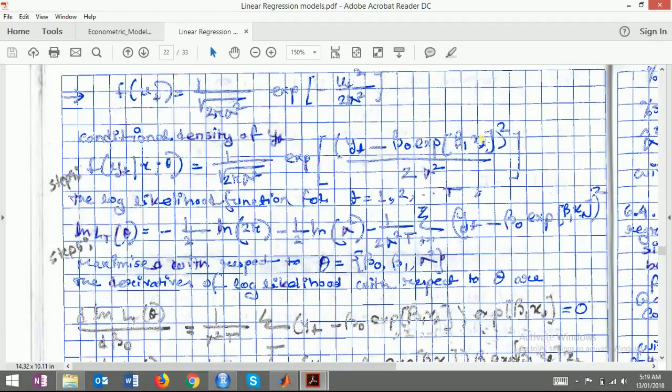This is coming from the exponential function, which equals the residual ut, and the minus vanishes in the transformation, it becomes positive.